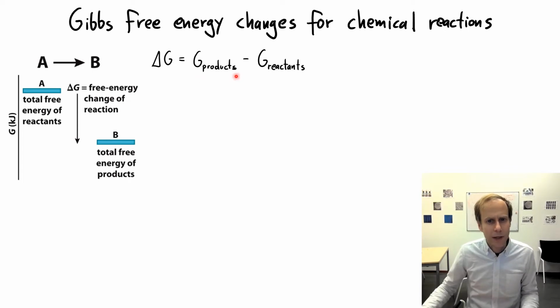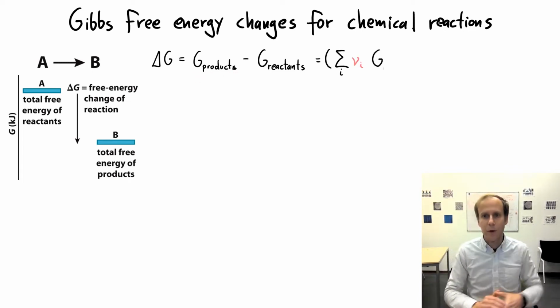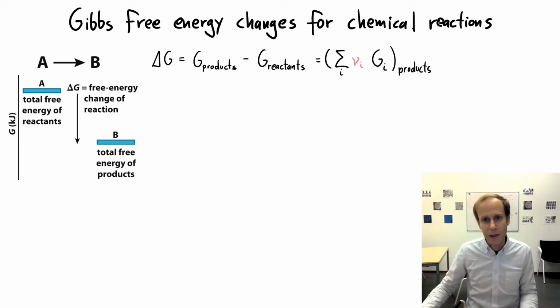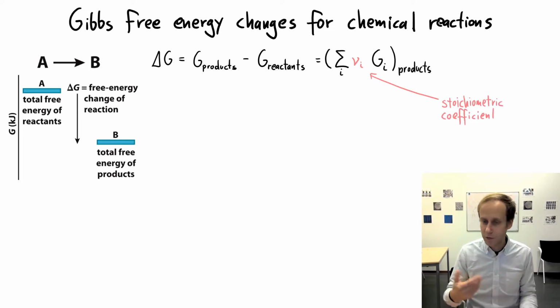So how do you calculate the value for the free energy of the products? You take this formula. In the formula, there is a summation sign. It says we are summing over all products i. And the sum includes the multiplication of the stoichiometric coefficient nu i for each product times the free energy value for that respective product.